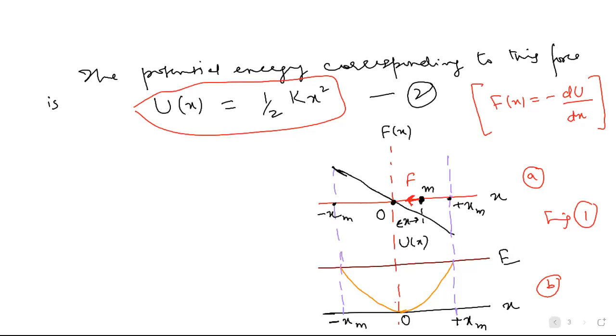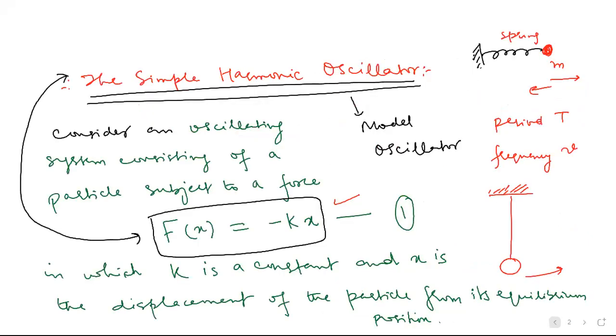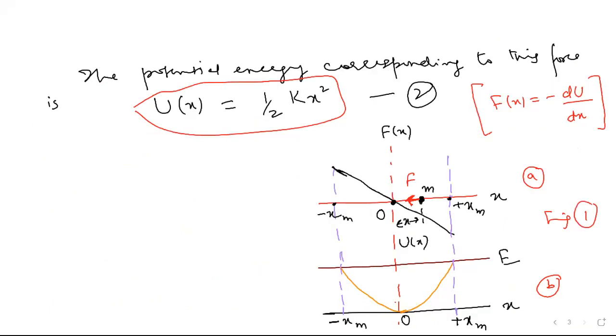This is the definition of a simple harmonic oscillator, and the motion of this oscillator is simple harmonic motion. So let's move forward.